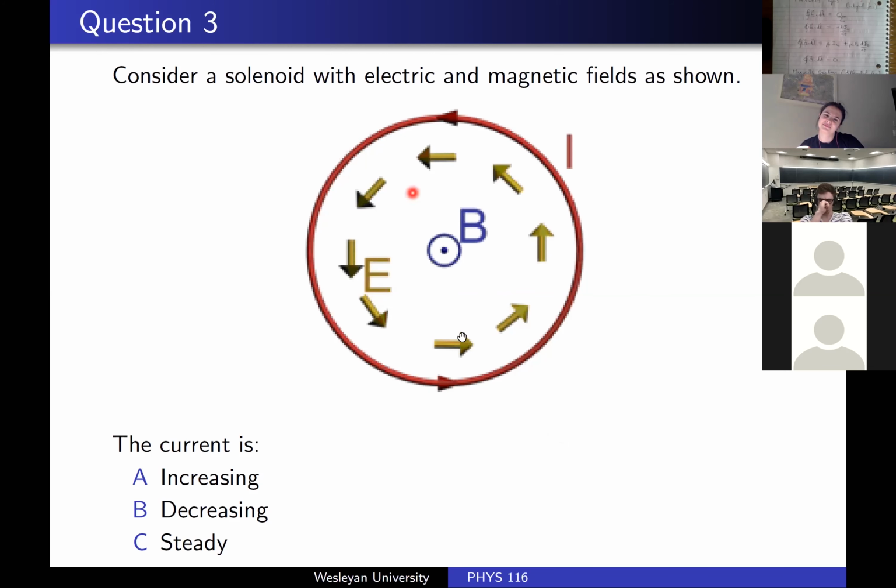And so it would be trying to create its own induced B field, which would be pointing out of the page as well. So it's helping the external field. When does that happen? That happens when you have a decreasing external field. Then that's when the loop tries to respond by keeping the magnetic flux the same.